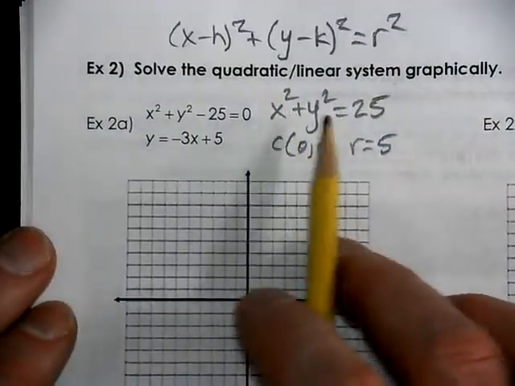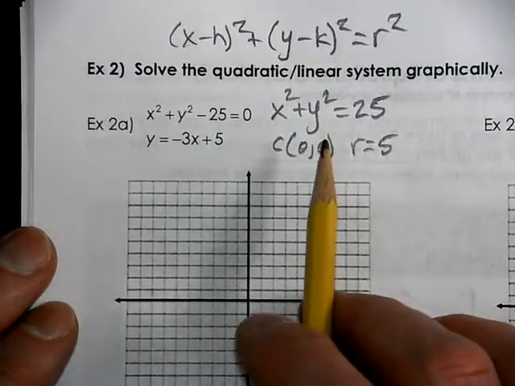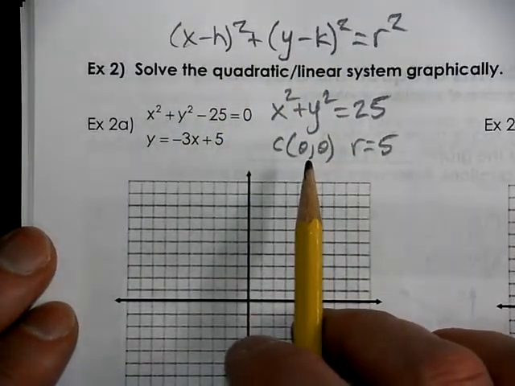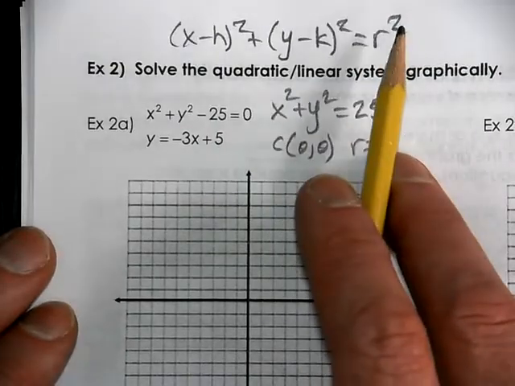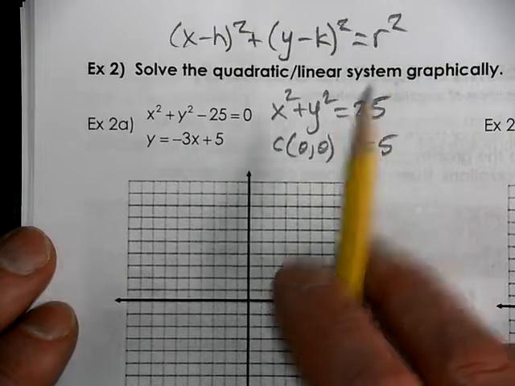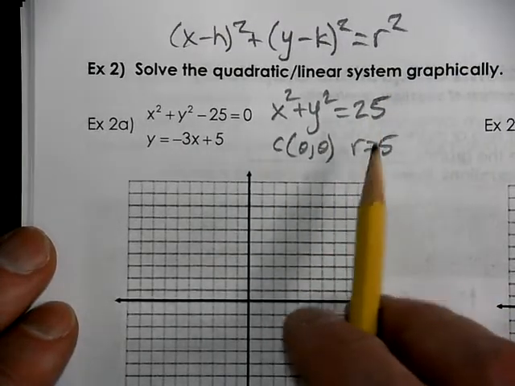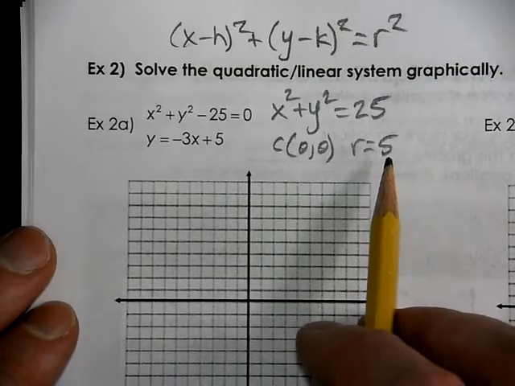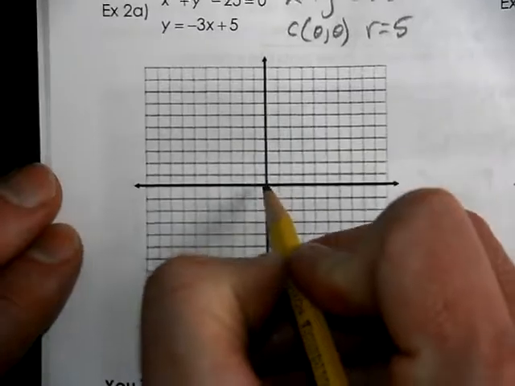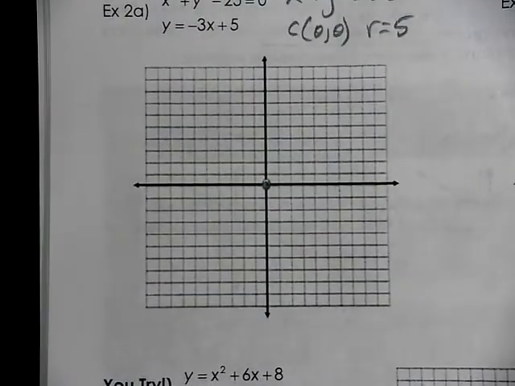Since we don't have any parentheses in here, we know that the h and k are both 0. And that determines your center. And because the radius squared is the value outside the equal sign, we have 25 as r squared, so radius is going to be 5. So now we can come on and plot our points for the origin.